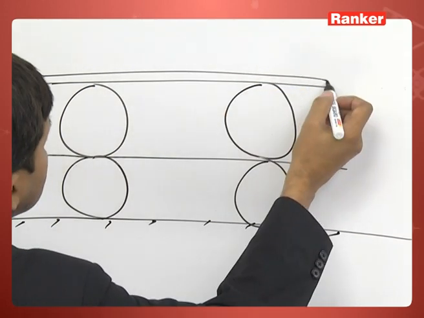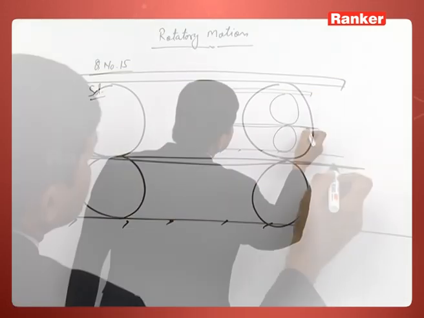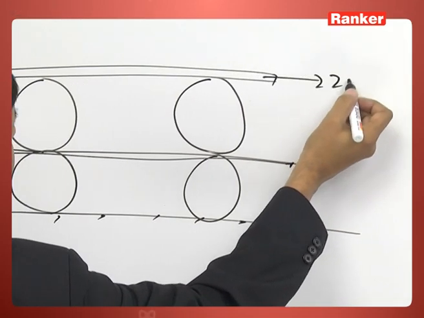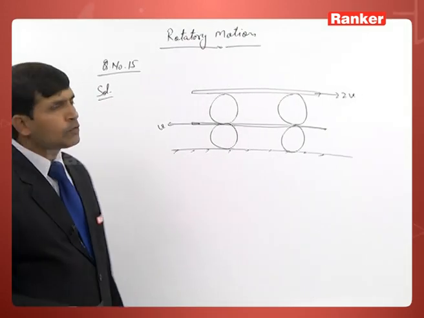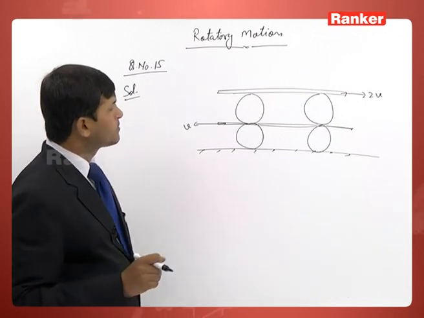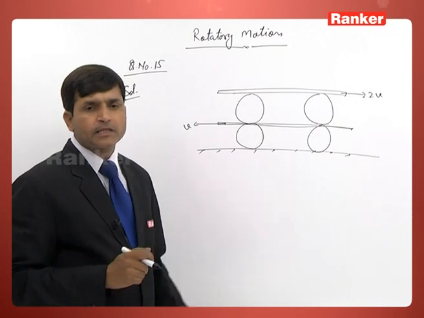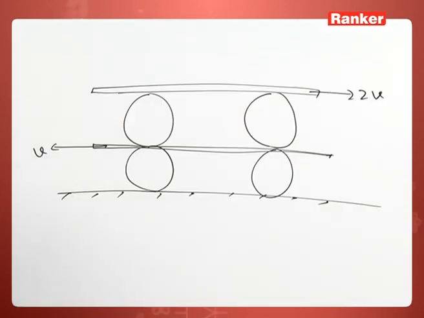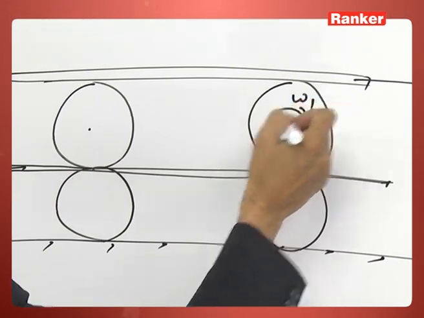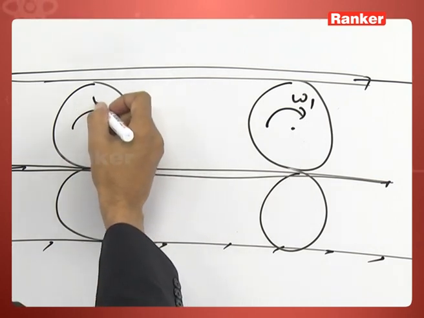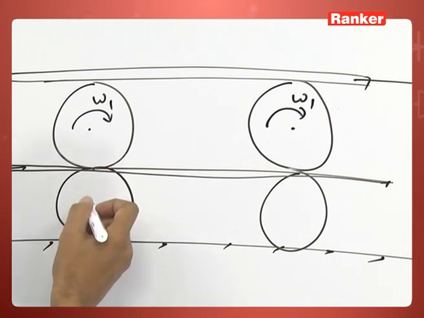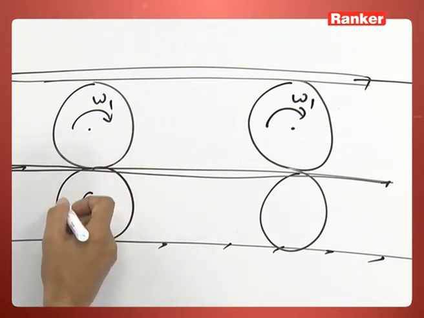So as per the question, this plate has velocity V and this plate has velocity 2V and there is no slipping anywhere. So we have to find the ratio of angular velocity of the upper cylinder to the lower cylinder. Let the upper cylinder have angular velocity omega 1 and the lower cylinder have angular velocity omega 2.